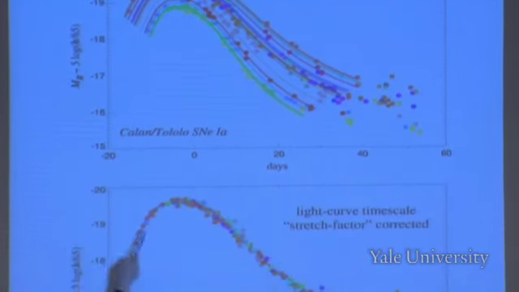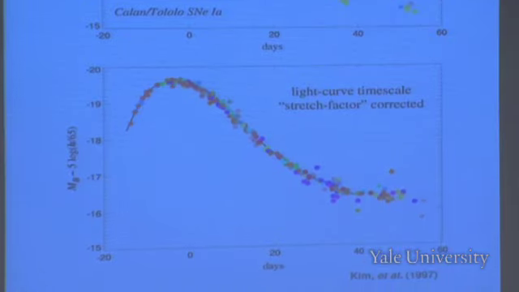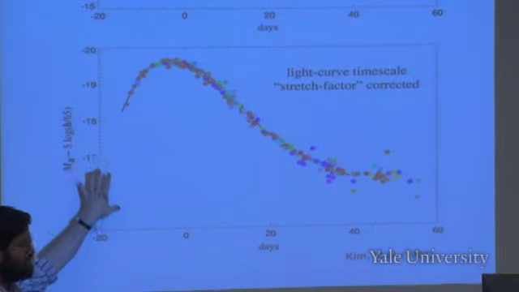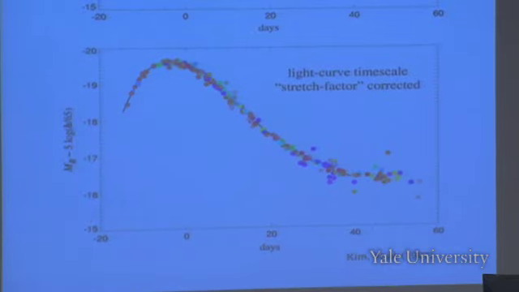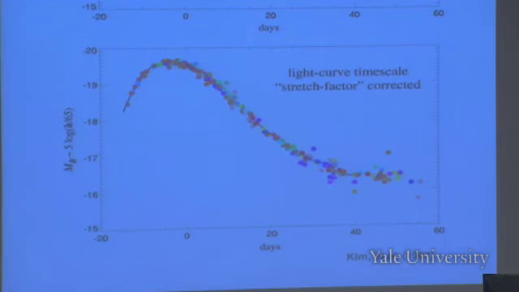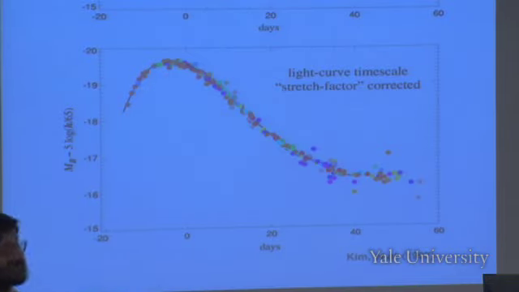These are the same exact data points as on the top, except corrected for the differences in observed color and observed decay rate. And you can see now you've got a very beautiful combined light curve where everything does exactly the same thing as all the others. In particular, the maximum brightness of these things is always the same at around minus 19.5.